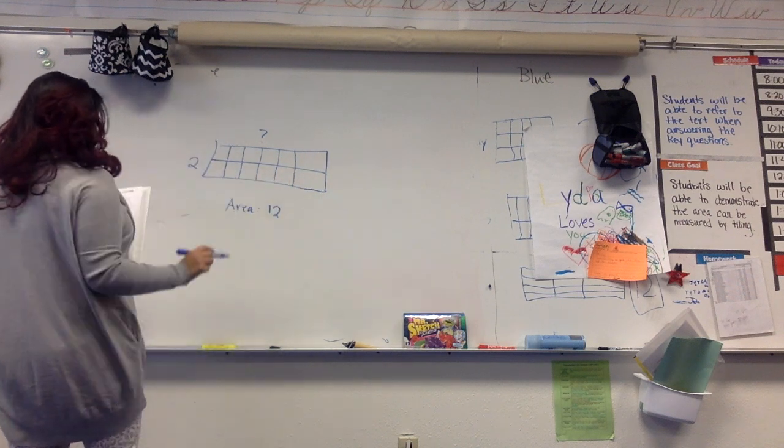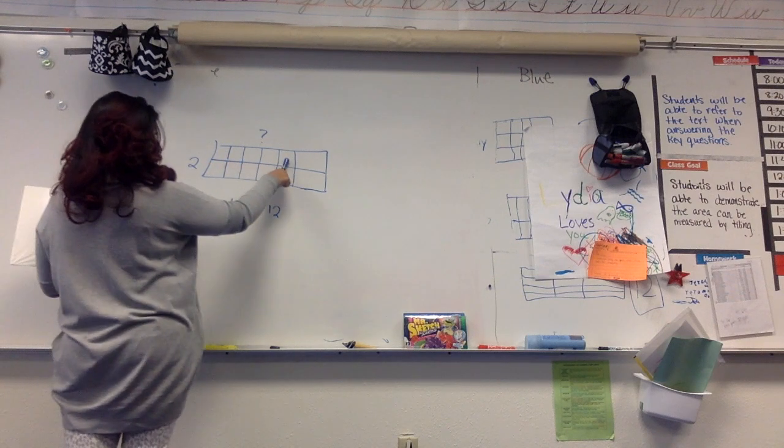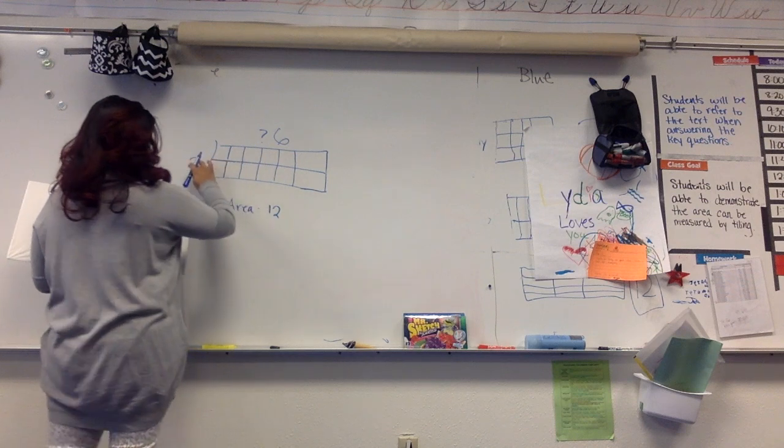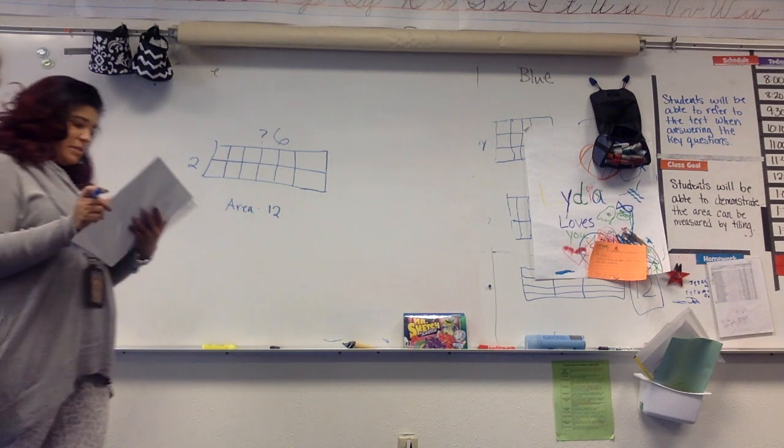So how many had to be in each one? 1, 2, 3, 4, 5, 6. So 2 times 6 equals 12. Is that right? It is right.